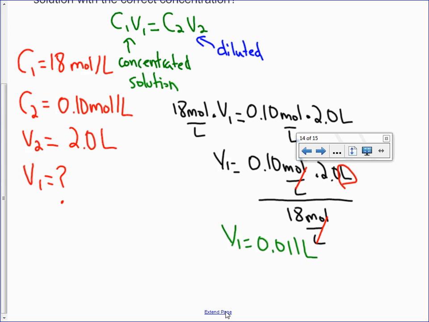And if we convert that into milliliters, which we don't necessarily have to do, but to put this into a bit of perspective, we'll multiply by 1,000, and we'll get a volume of 11 milliliters.